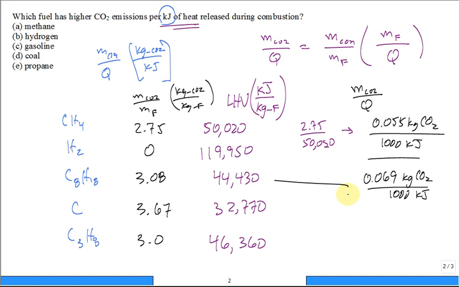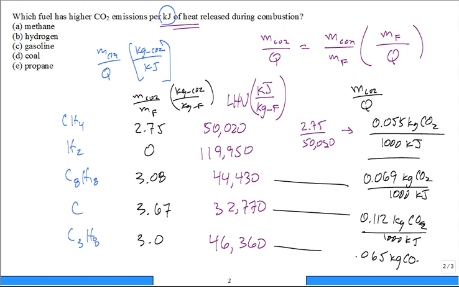And then for the coal, what does it come in at? 0.112 kilograms of CO2 per 1,000 kilojoules. And then 0.065 kilograms of CO2 per 1,000 kilojoules. So which one is the big polluter? Coal.